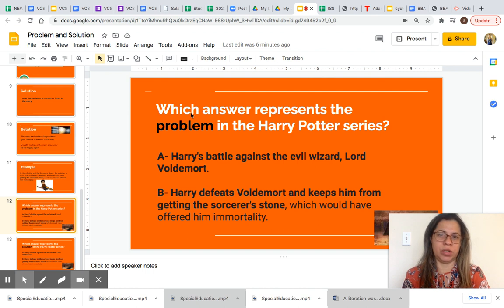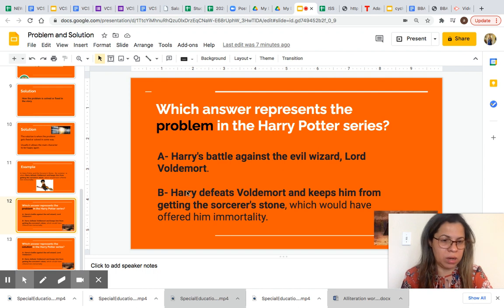Which answer represents the problem in the Harry Potter series? A. Harry battles against the evil wizard, Lord Voldemort. B. Harry defeats Voldemort and keeps him from getting the Sorcerer's Stone, which would have offered him immortality.